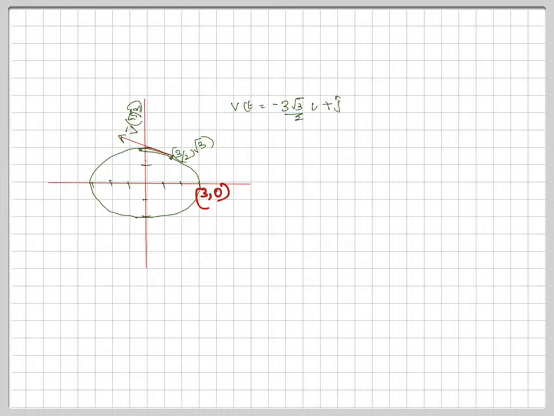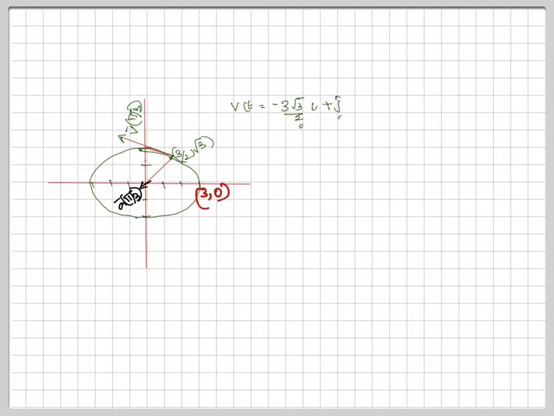This shows that the x component is negative and the y component is positive. So it's going to be directed towards the second quadrant. That's why the arrow is shown like that for v of pi by 3.